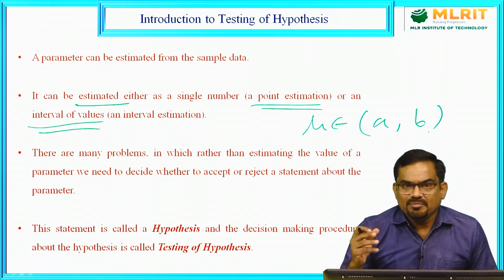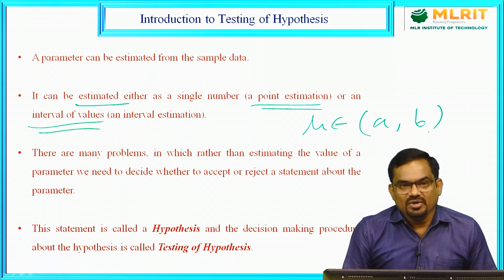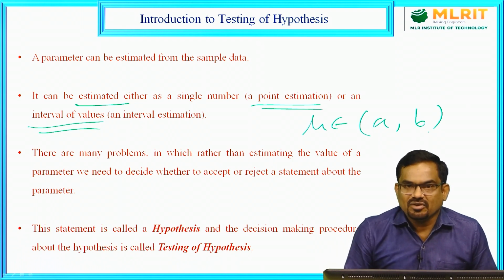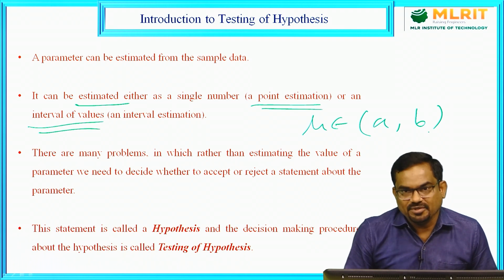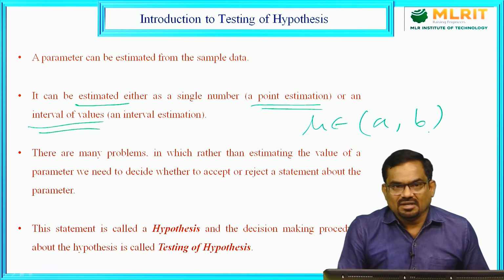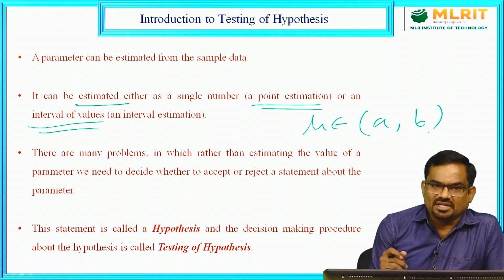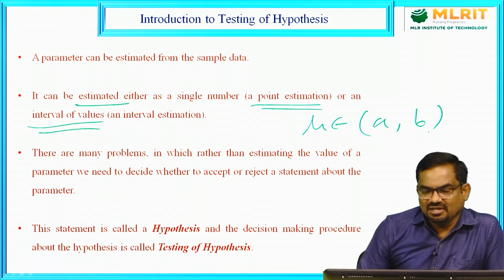And there are many problems in which, rather than estimating the value of a parameter, we need to decide whether to accept or reject a statement about the parameter. So that means, instead of finding a fixed value for a parameter, we test the statement whether to accept it or reject it, and this particular statement is called hypothesis, and the decision making procedure about the hypothesis is called testing of hypothesis.